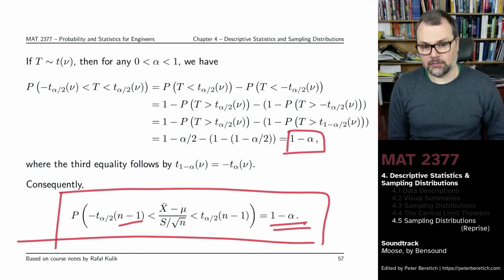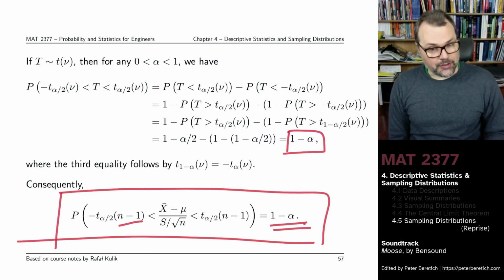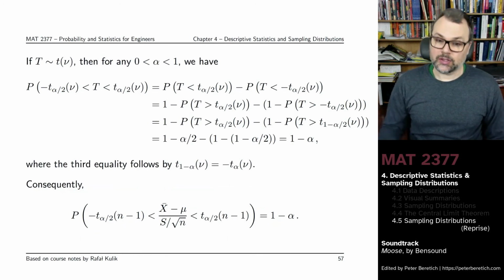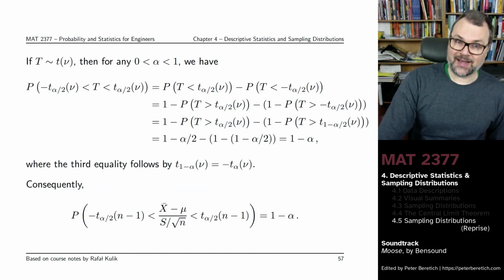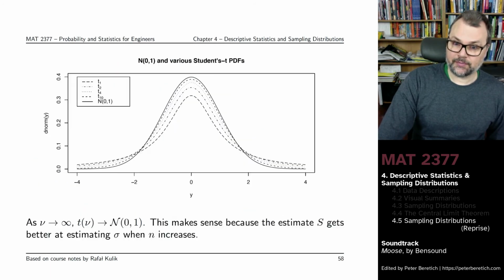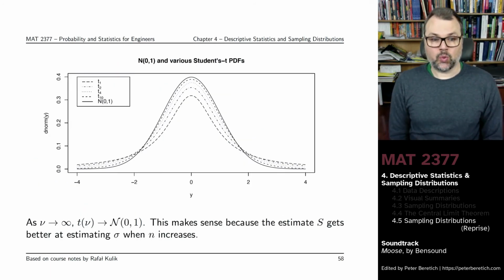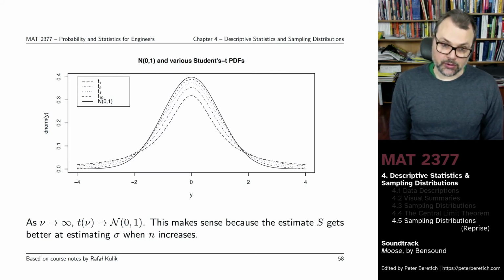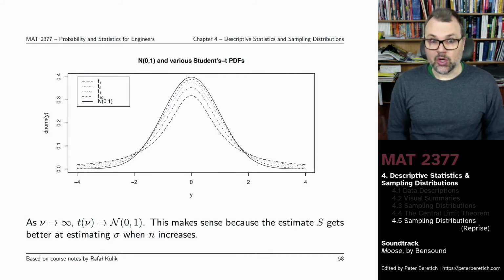This is how you would make computations related to the sample mean when you do not know what the underlying variance is. As I've mentioned here, when the number of degrees of freedom increases, when it goes to infinity, the student distribution goes to the standard normal. When you increase the size of your sample, you would expect the sample variance to approach the true variance.